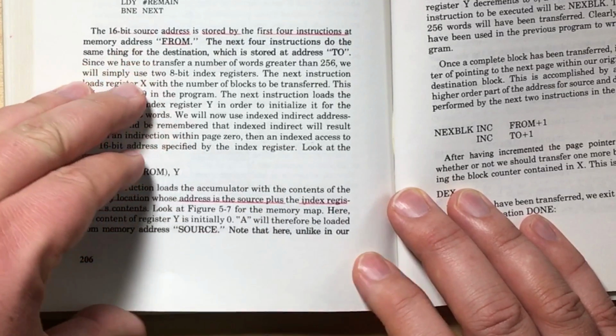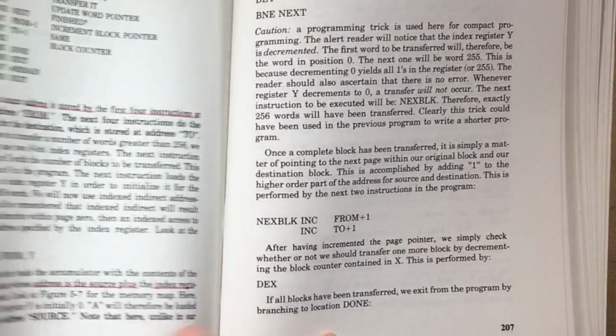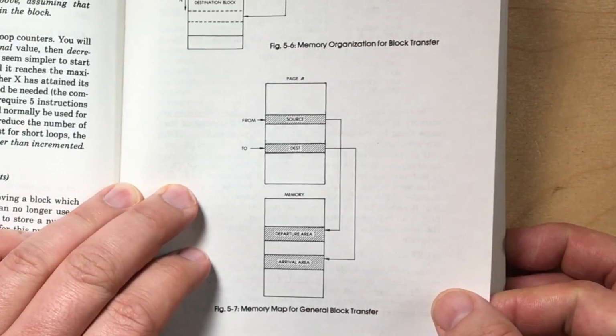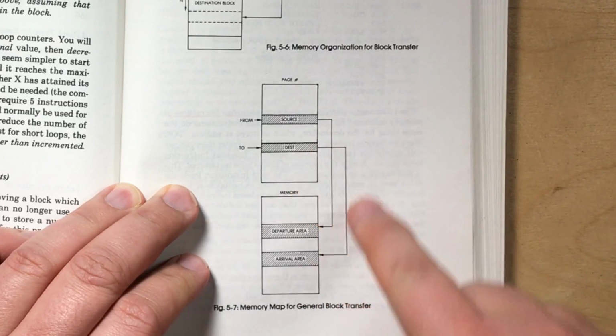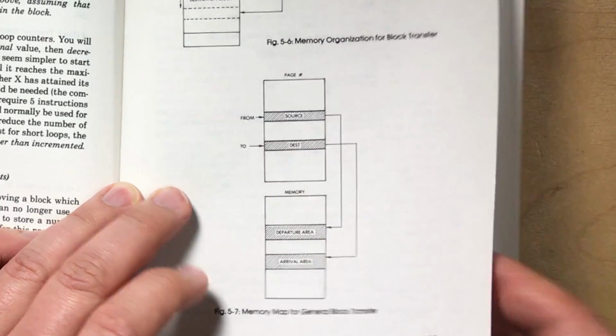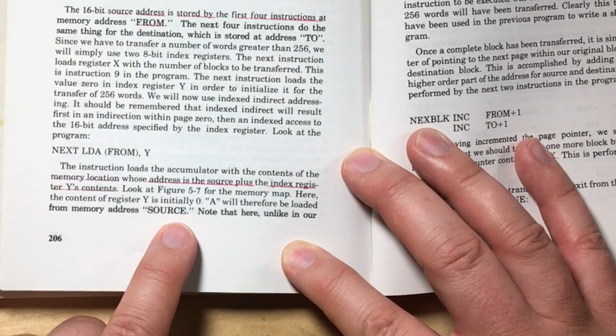Look at figure 5.7 for the memory map. Here the content of register Y is initially 0. I don't find this all that helpful. It doesn't even actually refer to Y here. A will therefore be loaded from memory address source.